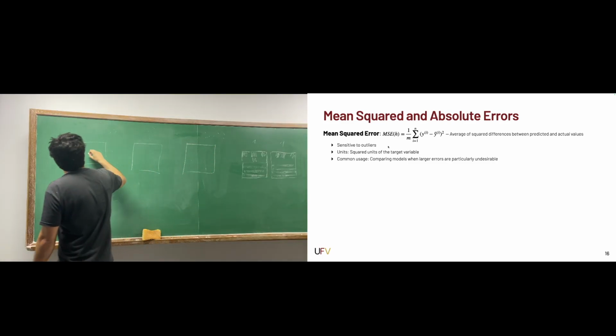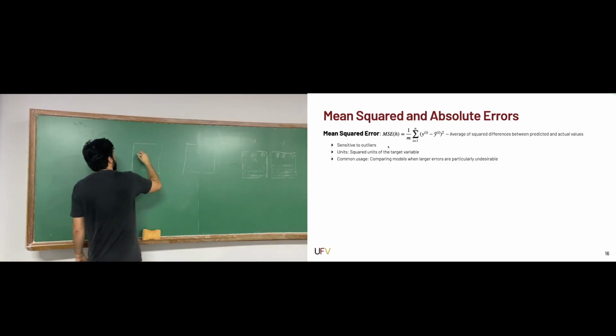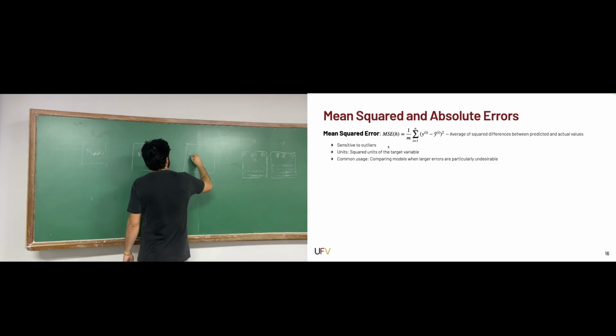So what I mean here is you have your train set, your validation set, and then you have your test set.